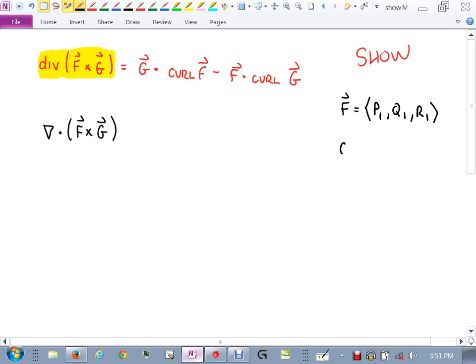And then G is going to be P2, Q2, R2. So F and G are two vector fields. They have components P1, Q1, R1, and P2, Q2, R2 respectively. If I want to take the div of that, then I'm going to need to dot del with F cross G.